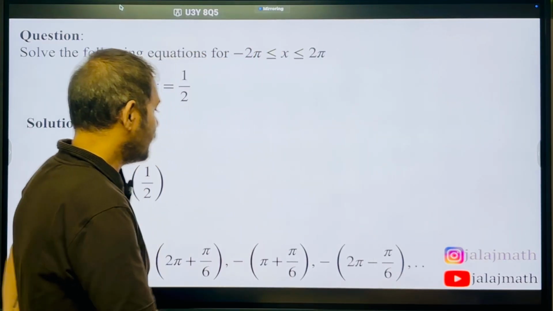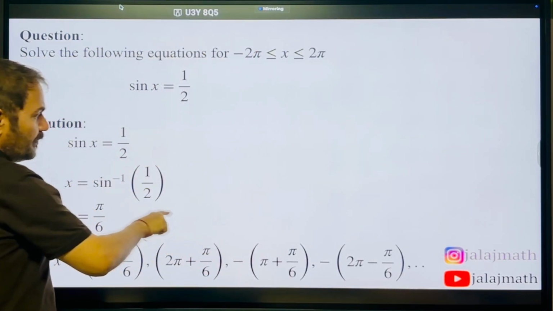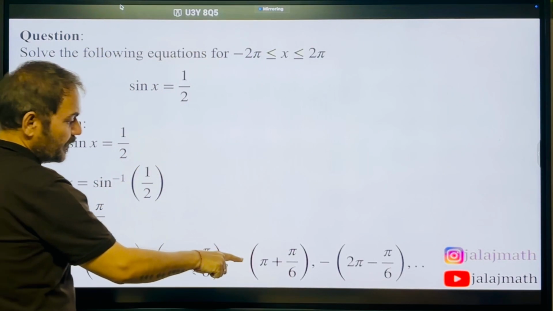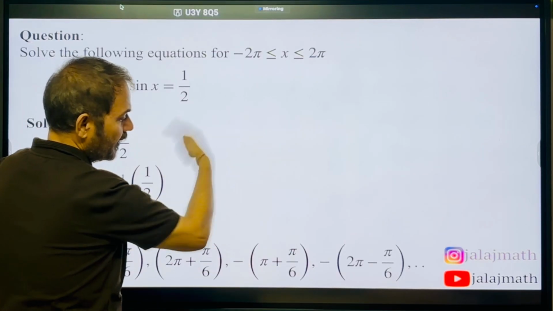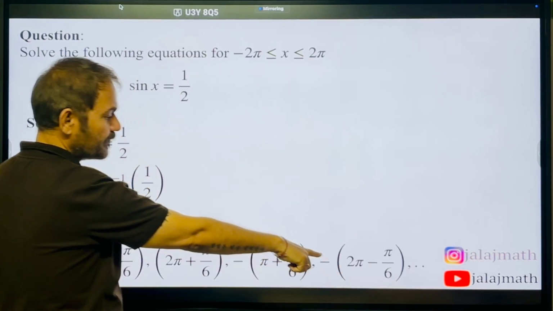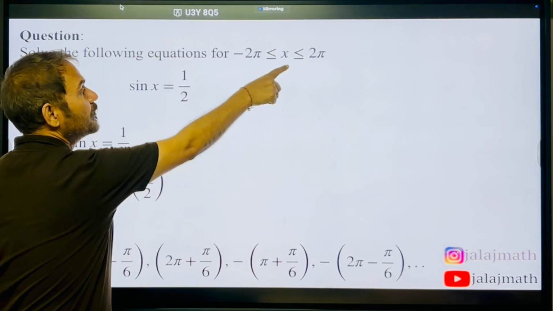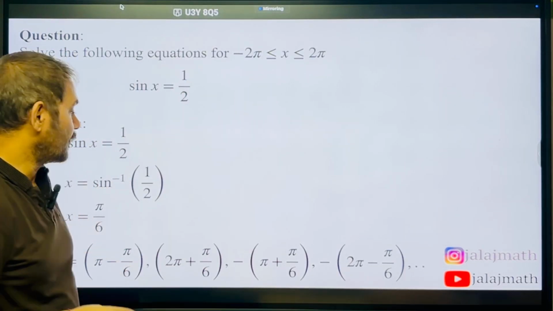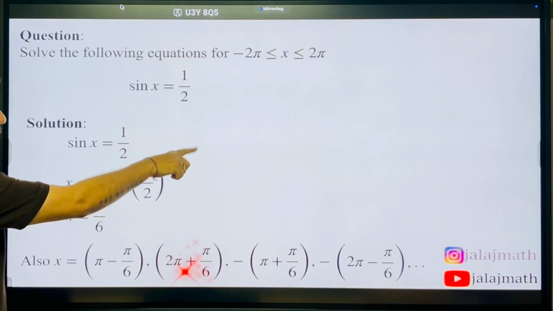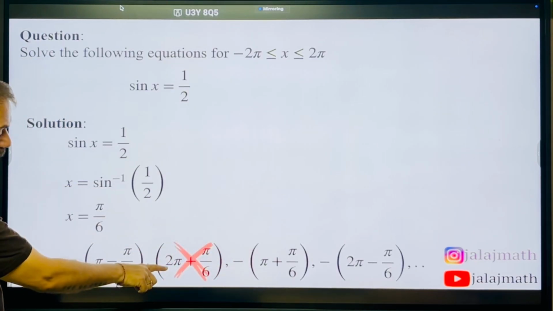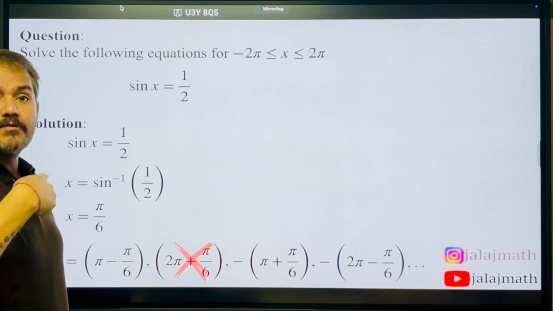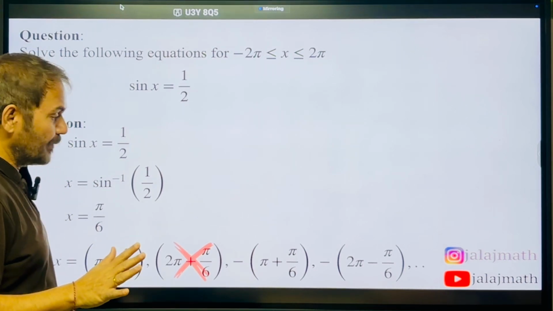And when you move in the negative direction, the first angle will be negative of pi plus pi by 6. Then the first quadrant, negative of 2 pi minus pi by 6. And the third value will be 3 pi. So again, we are going beyond this domain, so we may stop. When you simplify, you see 2 pi plus pi by 6 is still beyond 2 pi, so you may ignore it.